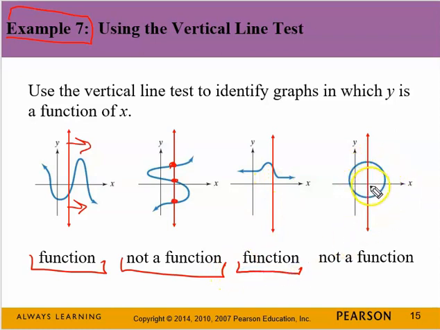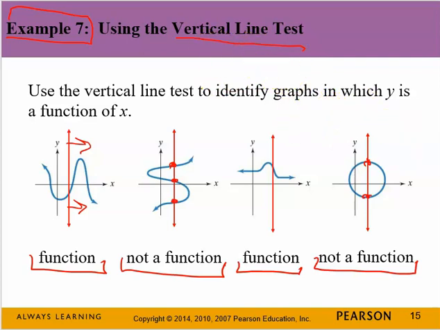And here, something similar to one we did a little earlier. This intersects in more than one place, so it is not a function. So which mathematical tool are we using to determine whether something's a function or not? The vertical line test. Now later we're going to have the horizontal line test, but right now we'll start off easy.